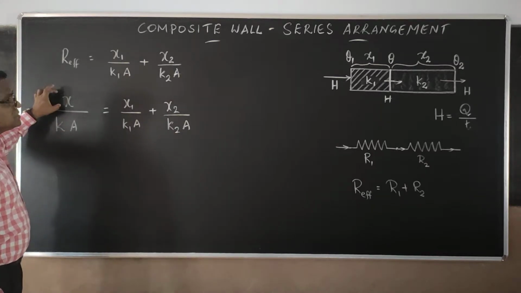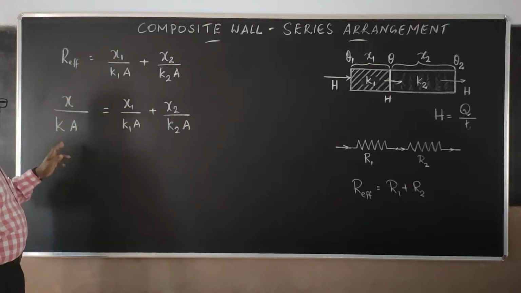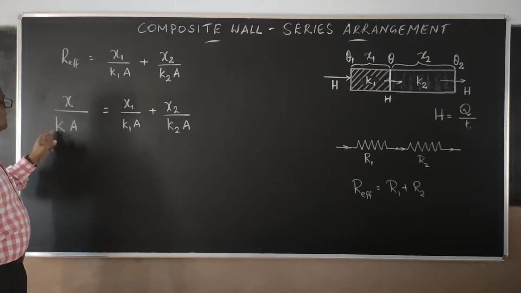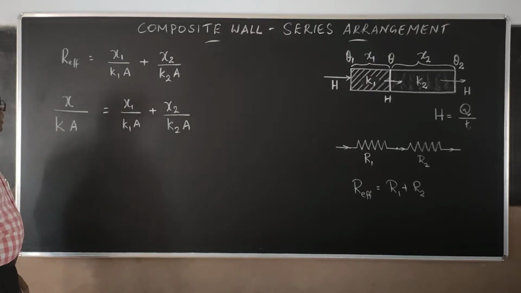Now this X is nothing but the total length of the conducting slab, and K I can take as the effective conductivity of the slab.